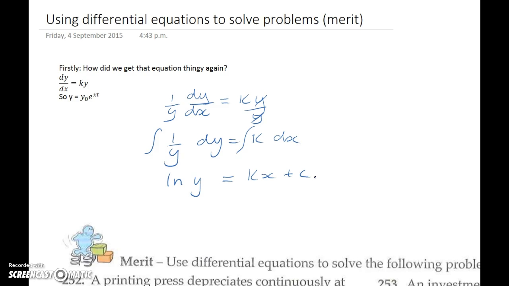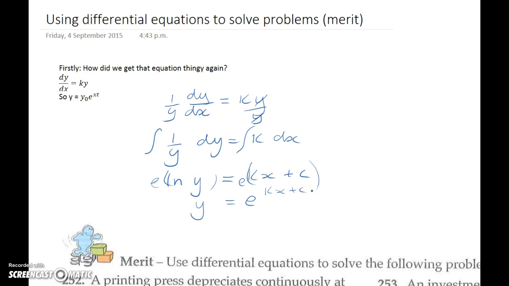Now, we don't want to know what the natural log of y is. We want our equation to be nice and neat, and we want it to say y equals. So I'm going to take e of both sides, which undoes my natural log. The left side will just be y, and on the right hand side I'll have e to the power of kx plus c.